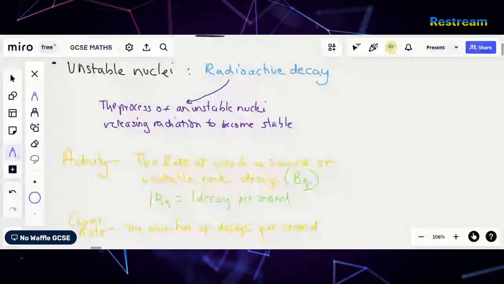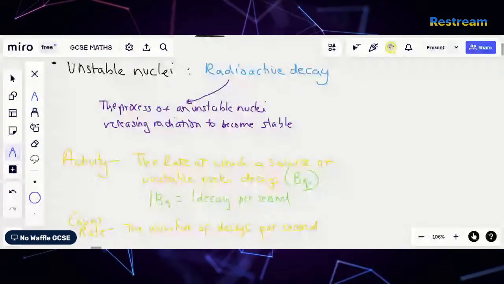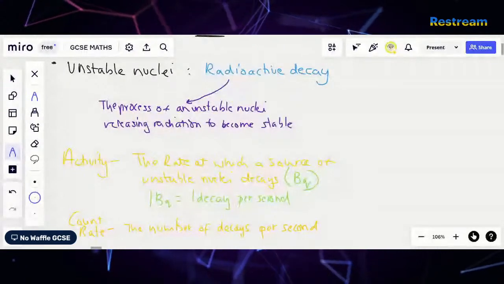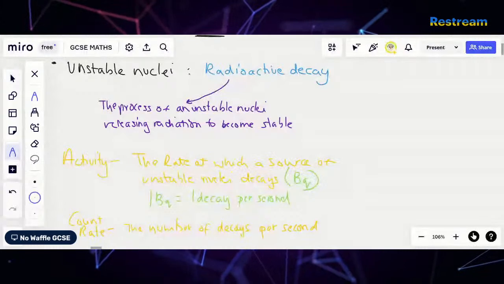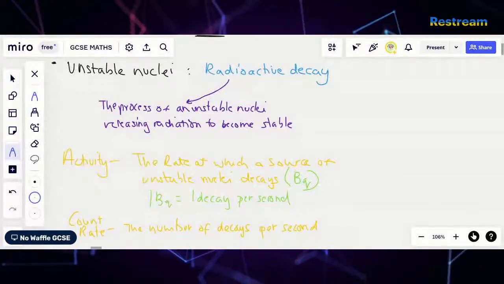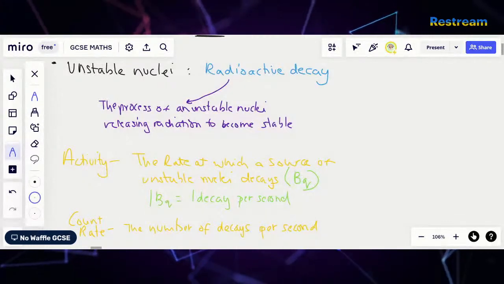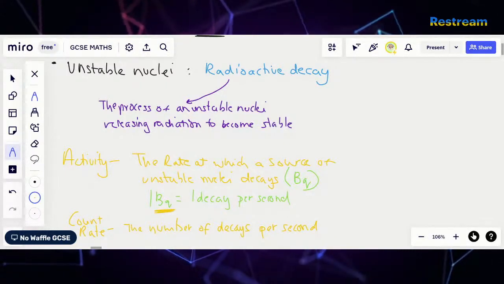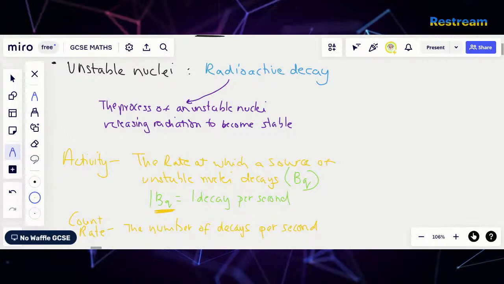A count rate of 24 is saying that there are 24 decays that have happened within 1 second. When you say the activity is 10 becquerels, that's also saying there are 10 decays per second. So it's very, very similar, apart from the main fact that activity has the unit becquerels, whereas count rate is just the number of decays recorded per second.